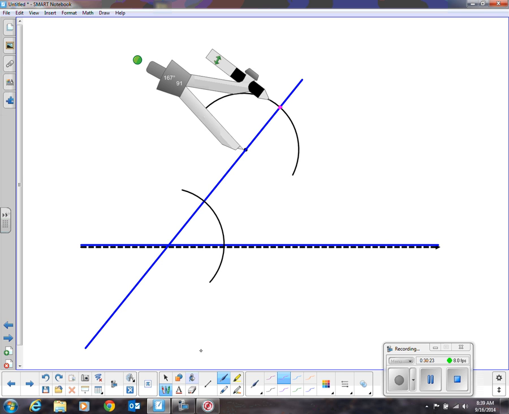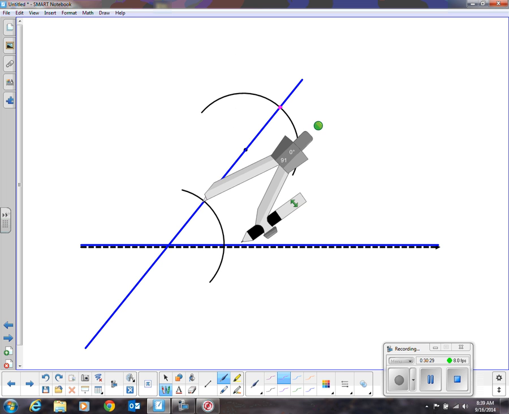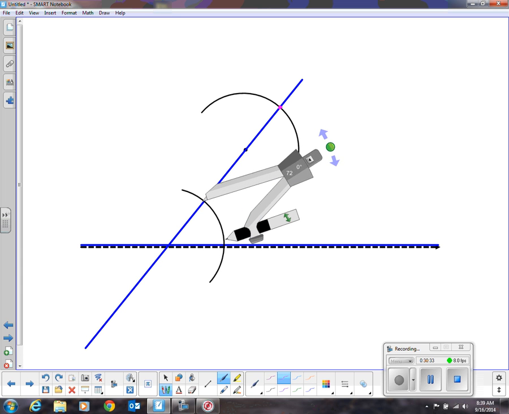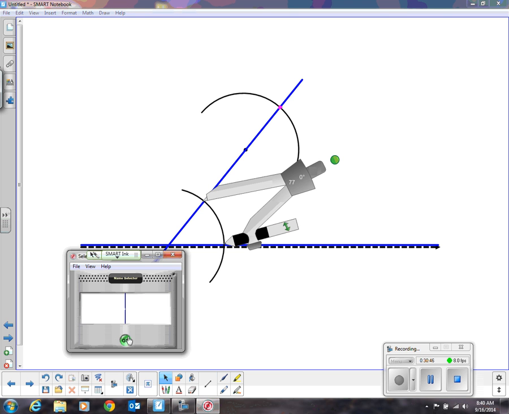So now what we want to do is we want to measure the angle's opening. So I'm going to move my compass down, put the compass point here, and I'm going to close my compass, hope that the pencil point falls on that point. All right, once I do that, where am I going to move my compass point? Stephanie?